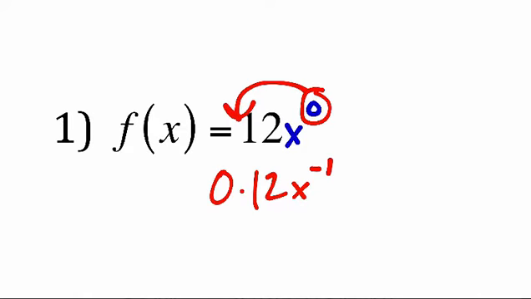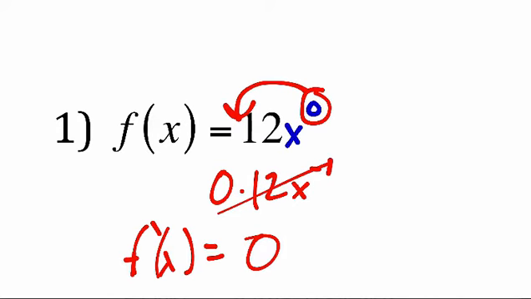Well, 0 times anything is just 0, so f prime of x equals 0. Essentially, the derivative of any constant is always going to be 0.